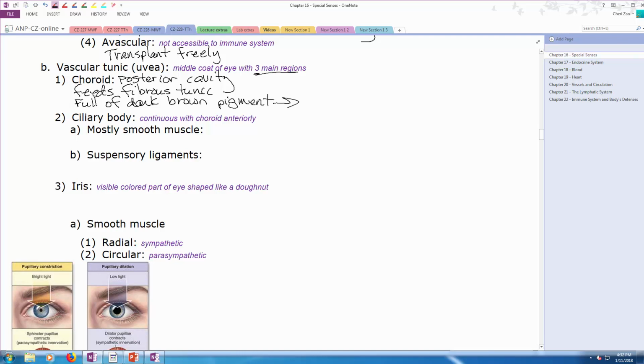This is important for us because we want to prevent light scatter. When light scatters within our retina, it activates other photoreceptors, and it will greatly impact the clarity of our vision.